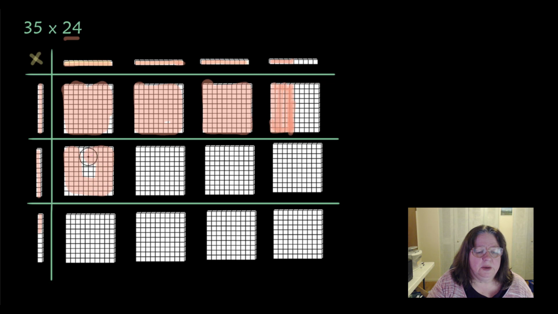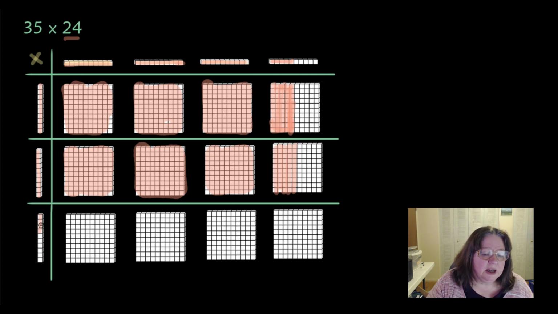Oh, it's a little too big to do it neatly. 10 times 10 is 100. 10 times 10 is 100. 5 times 10, 50, 10, 20, 30, 40, 50.